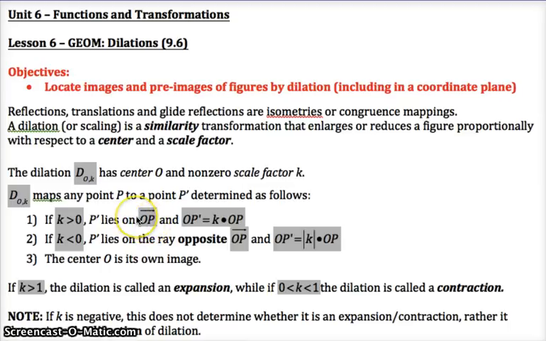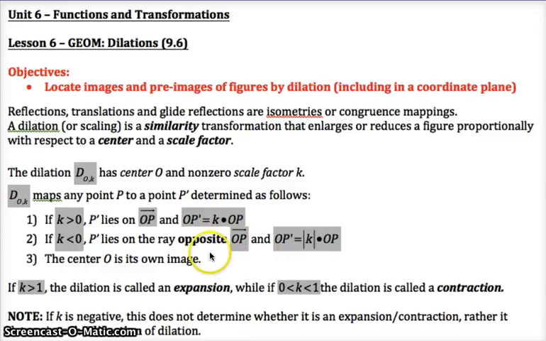So we start by drawing the ray from O to the preimage, and we just kind of expand or contract. We measure this distance from O to P, and we multiply that distance by K, and where that ends up is where we put P prime, that distance away from O. If K is negative, we do the same process, but we go the other direction down the line.